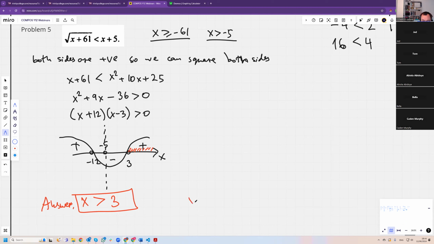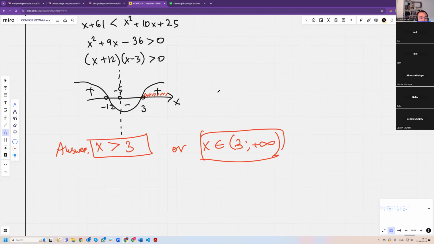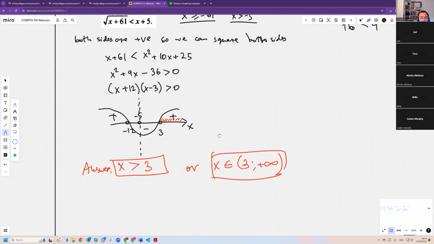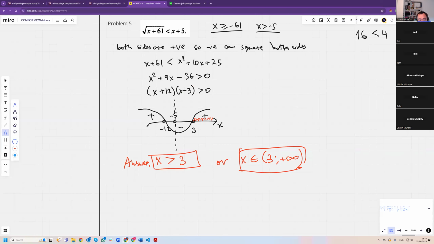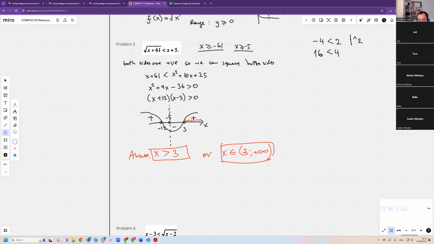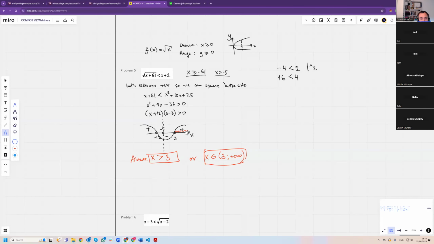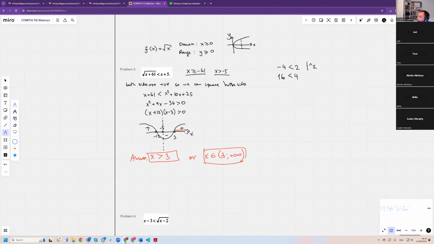Or if you like it fancy, x belongs to the interval from 3 to plus infinity. We can't take the left-hand side because we have a limitation. Is that making sense?